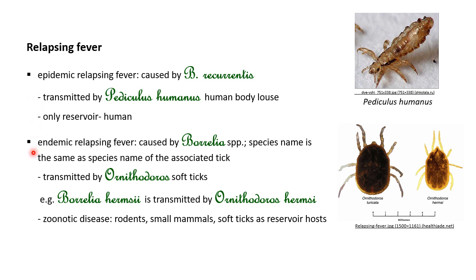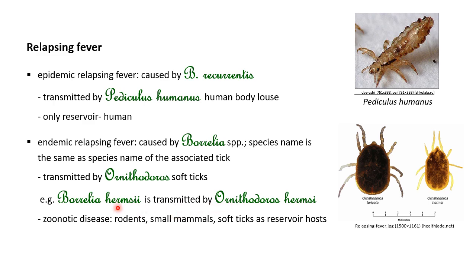The second type is endemic relapsing fever caused by Borrelia species, and there are different species associated with this. The species name is the same as the species name of the associated tick. For example, the name of the soft tick is Ornithodoros, and this particular species, Borrelia hermsii, is transmitted by Ornithodoros hermsii.